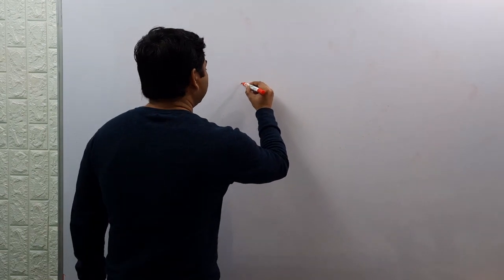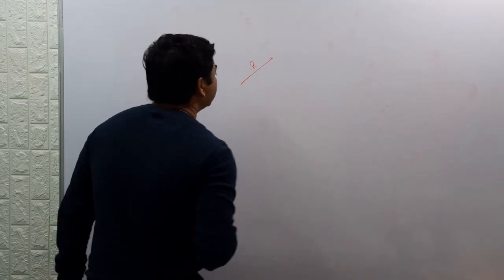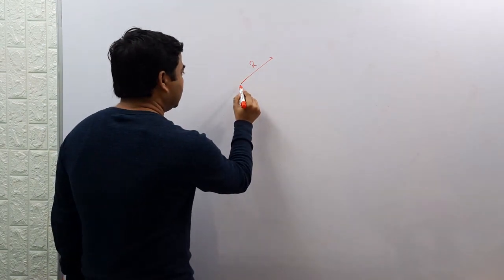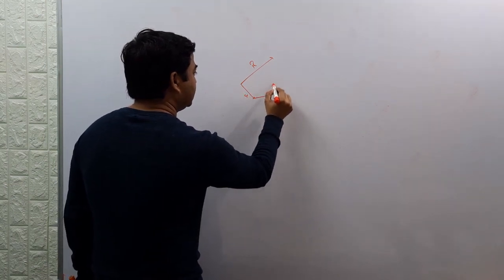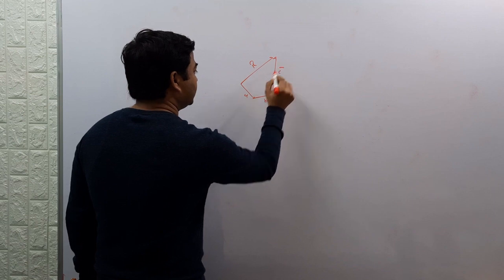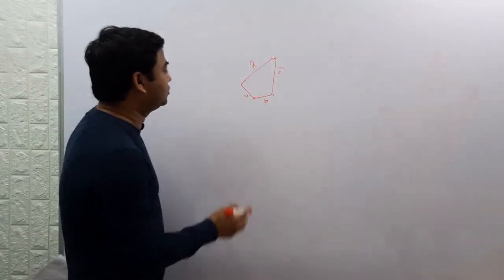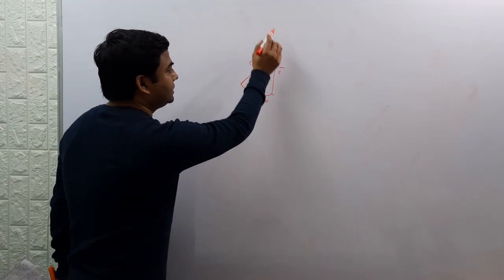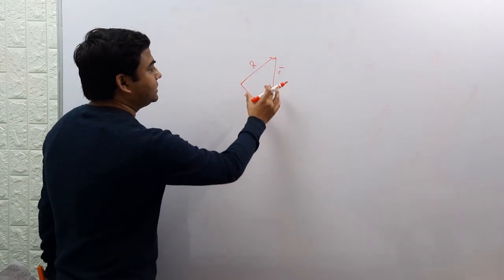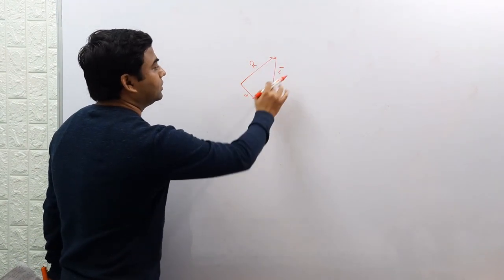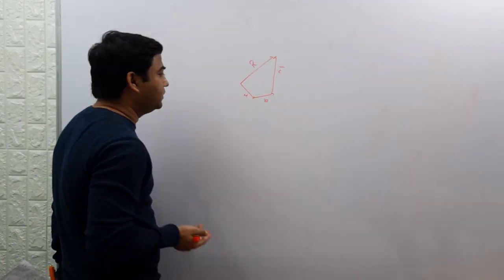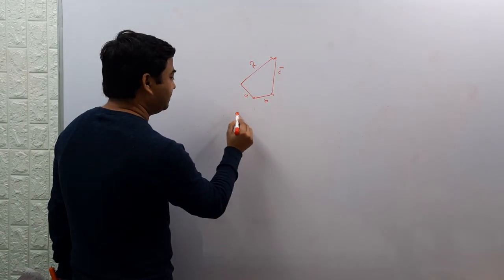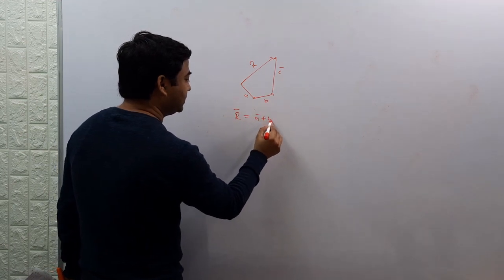Now we say a given vector is R. From polygon law, say this vector A, this vector B and this vector C. We have arbitrarily chosen these three vectors in this direction, and in such a way this whole loop is formed as a polygon. The loop makes a polygon. So we can say by polygon law R is equal to A plus B plus C.